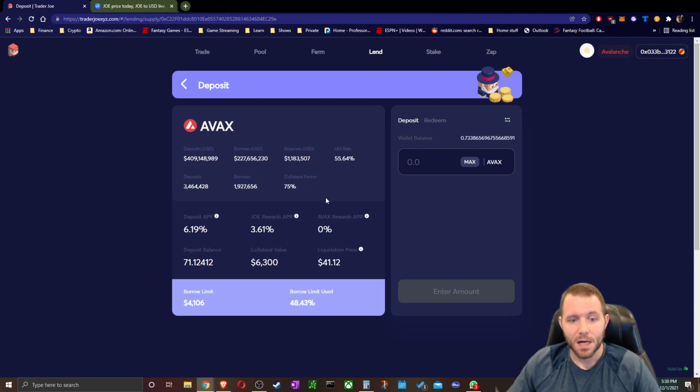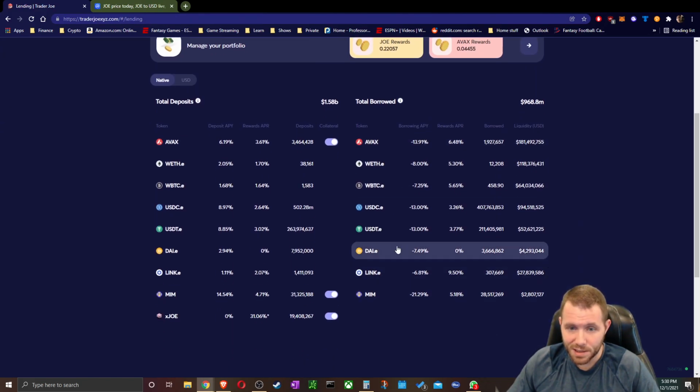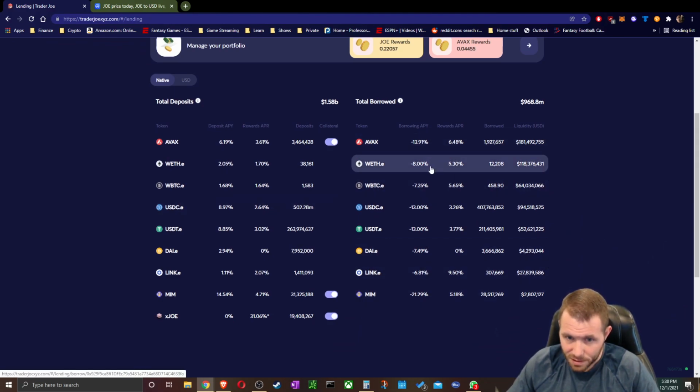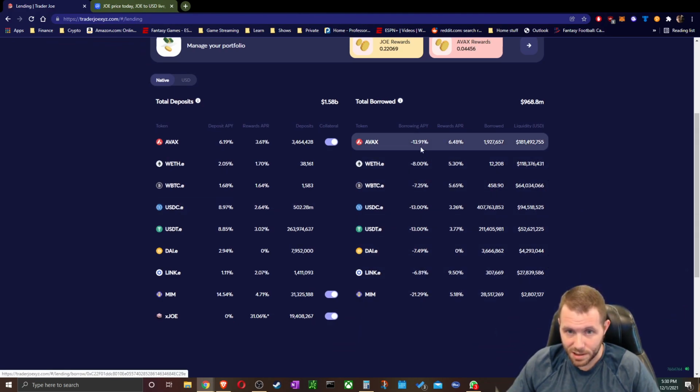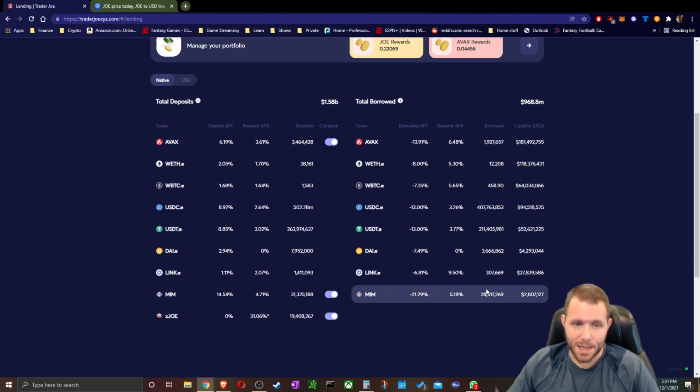So if I put in $1,000 of AVAX, I can borrow up to $750 worth of whatever. It doesn't have to be AVAX. It can be any one of these tokens that they have here. And then that $750 will be subject to these terms, whatever interest here, whatever rewards here. So keep that in mind.